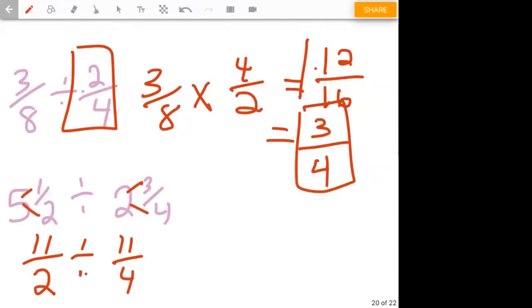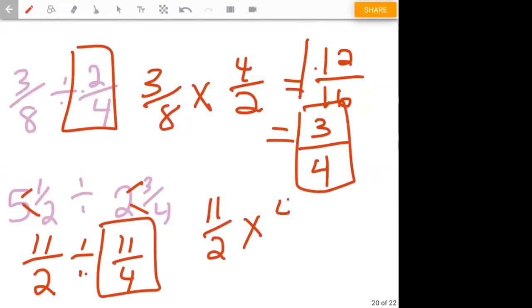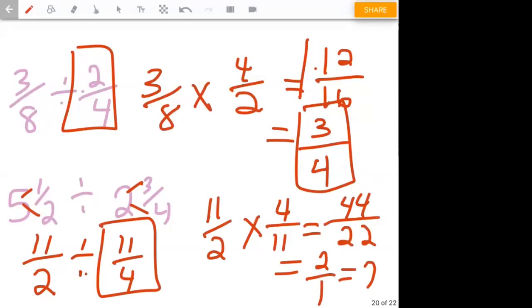So now we can do the same thing we were just doing. So we'd have 11/2. Instead of dividing, we're going to multiply by the reciprocal, which you would flip. So you get 44/22. And you could reduce that because 22 goes into both of them. So you could have 2/1 or 2.